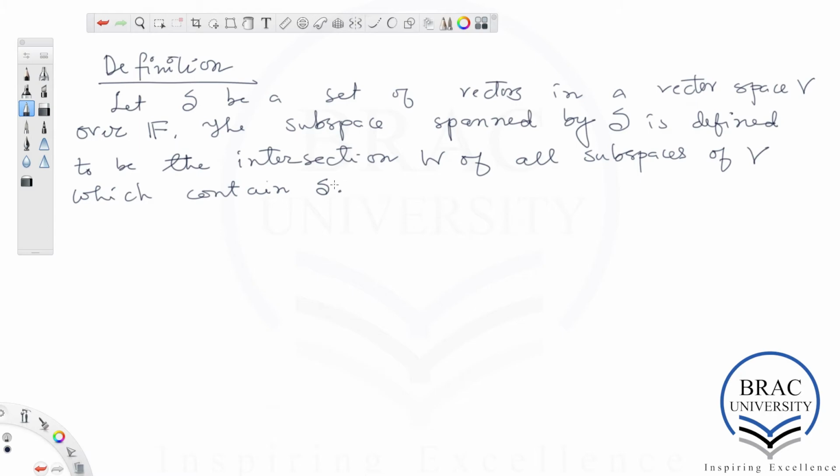In Theorem 2, we have seen that the intersection of subspaces of a given vector space is also a subspace.